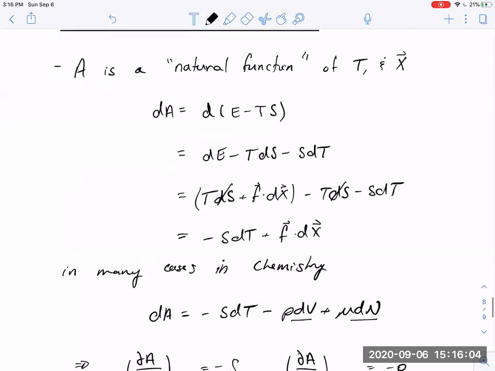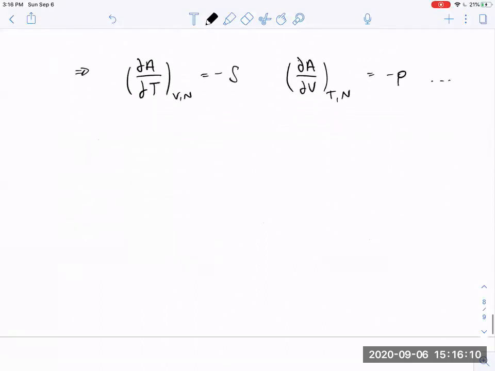To reinforce this idea of naturalness, A being a natural function of T in the mechanical variables, we could note that in principle we could write A as a function of entropy, volume, and number of particles, rather than temperature, volume, and number of particles.